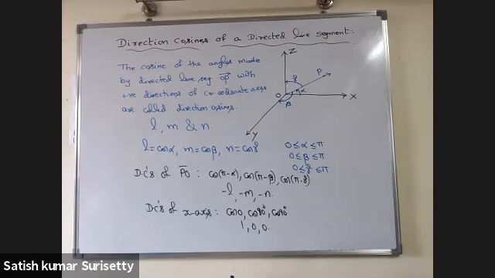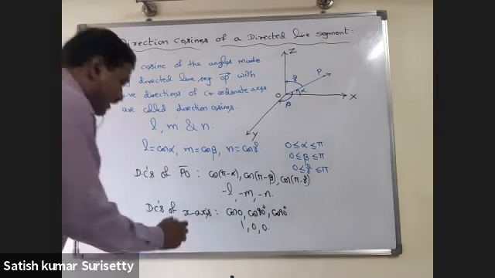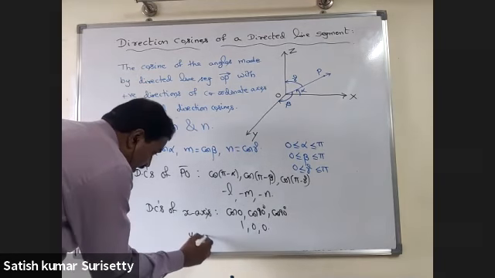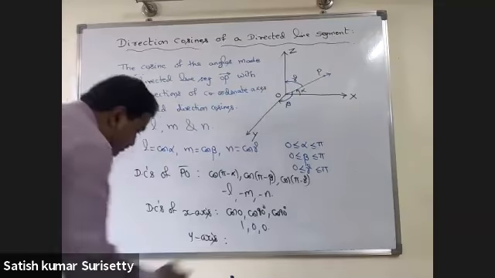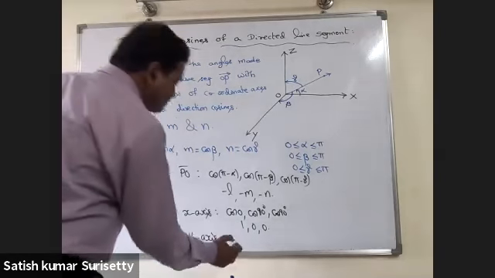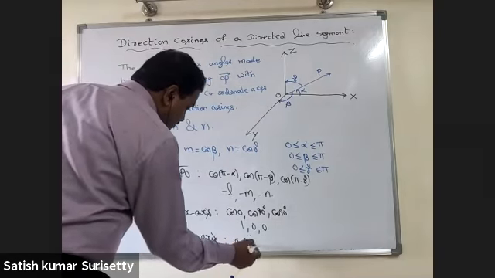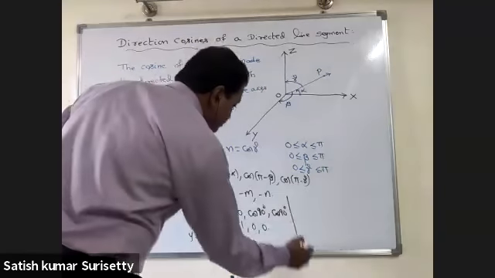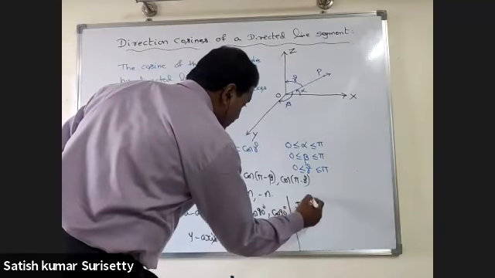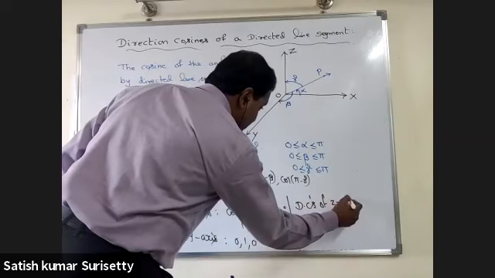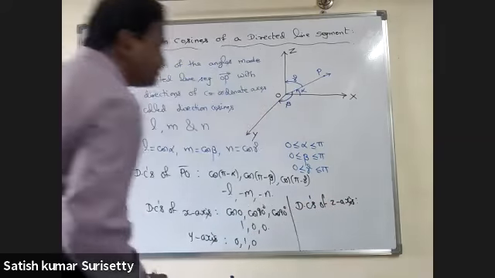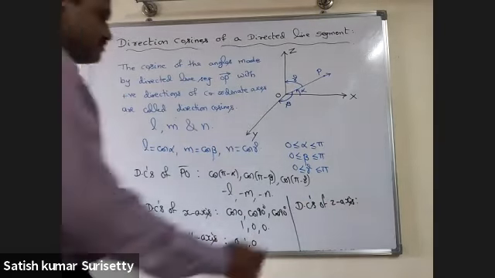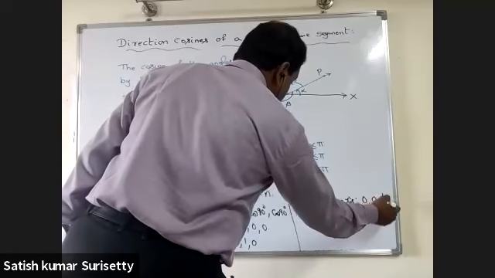So direction cosines of x-axis are 1, 0, 0. In the same manner, direction cosines of y-axis are 0, 1, 0, and direction cosines of z-axis are 0, 0, 1.